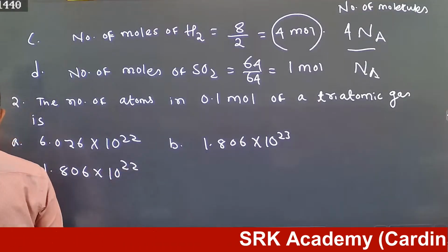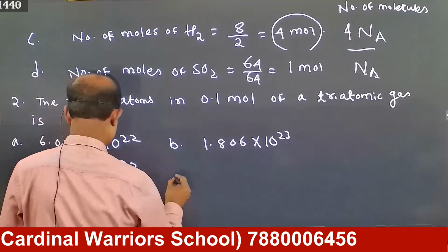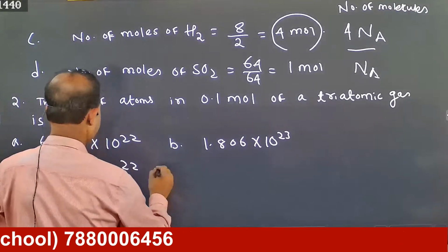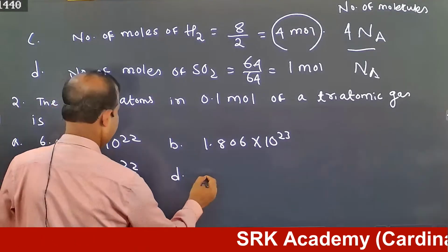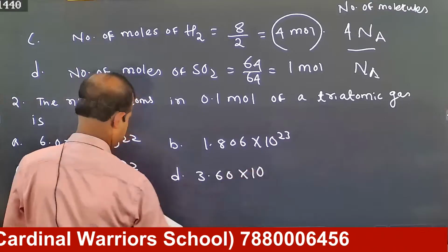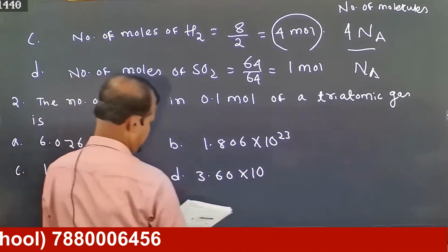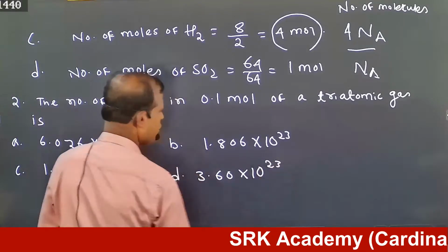Option D is 3.60 into 10 to the power 23. Which one is the right option?